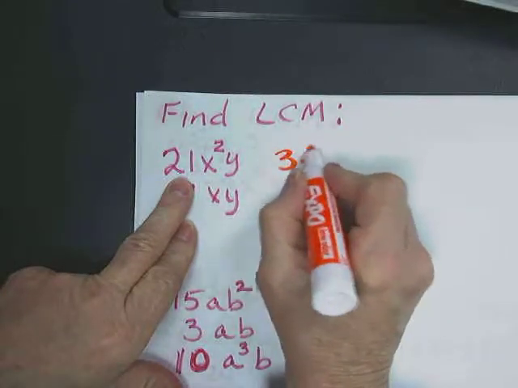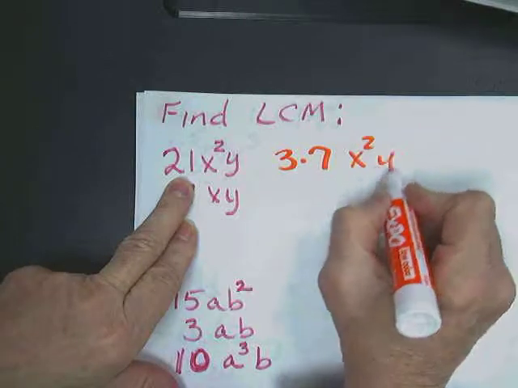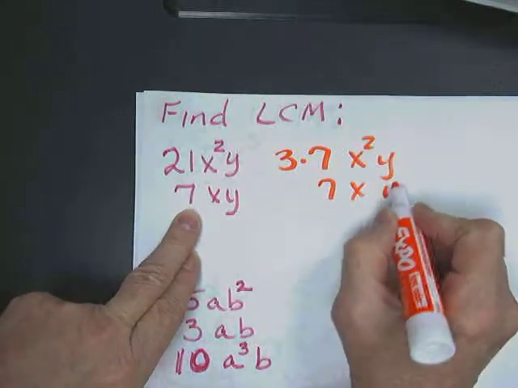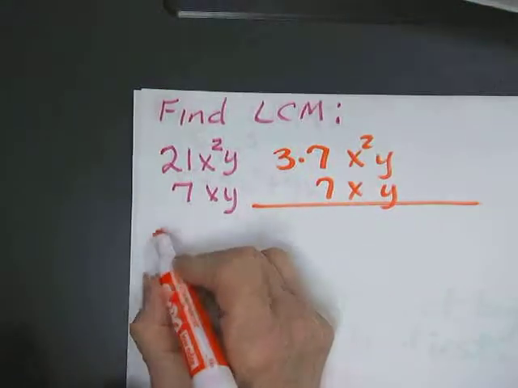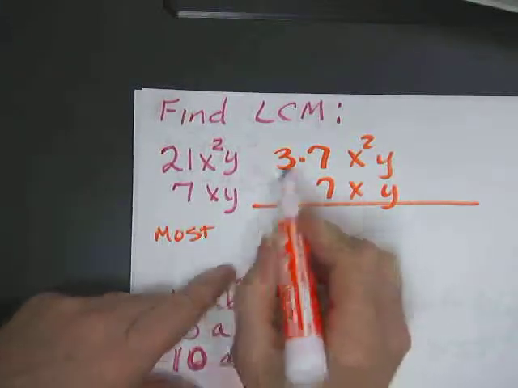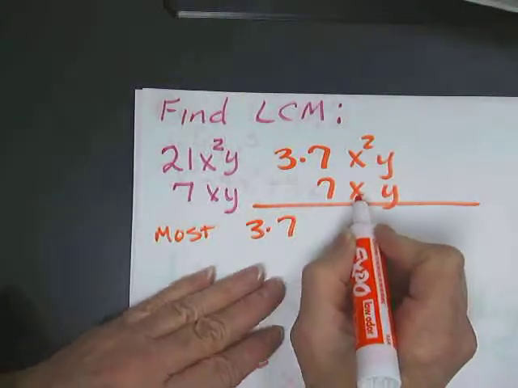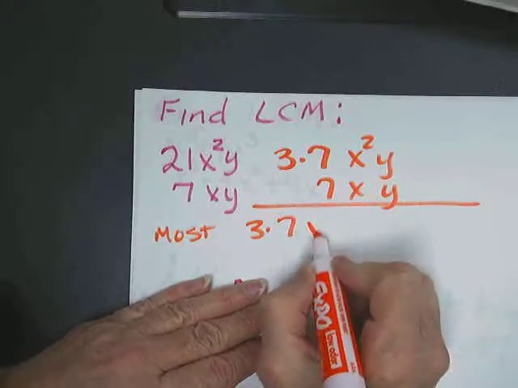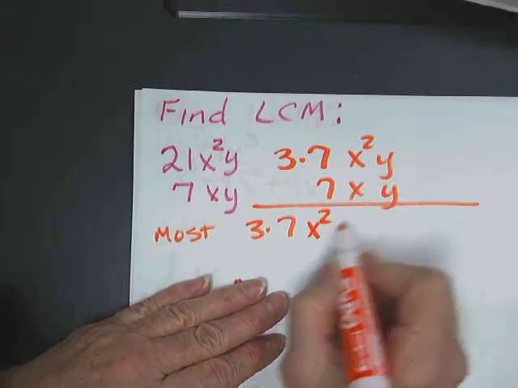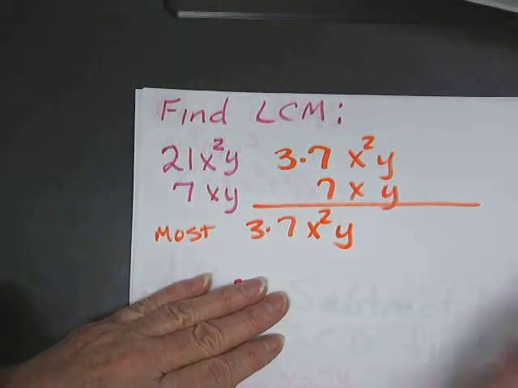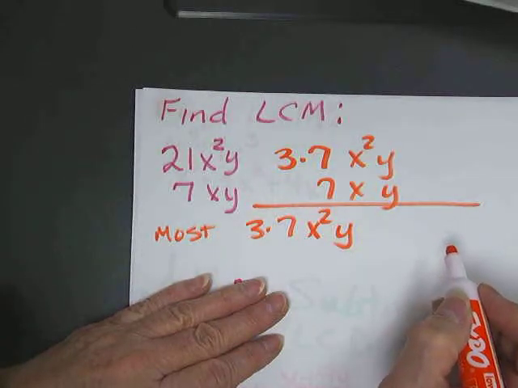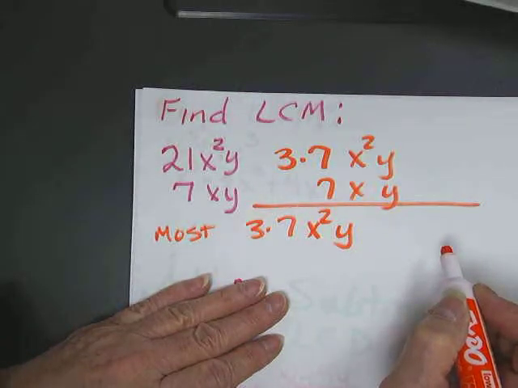Now we're going to get least common multiples with letters. This you can look at as 3 times 7, and there's a 7. The most: a 3 and a 7. The most x's, 2.